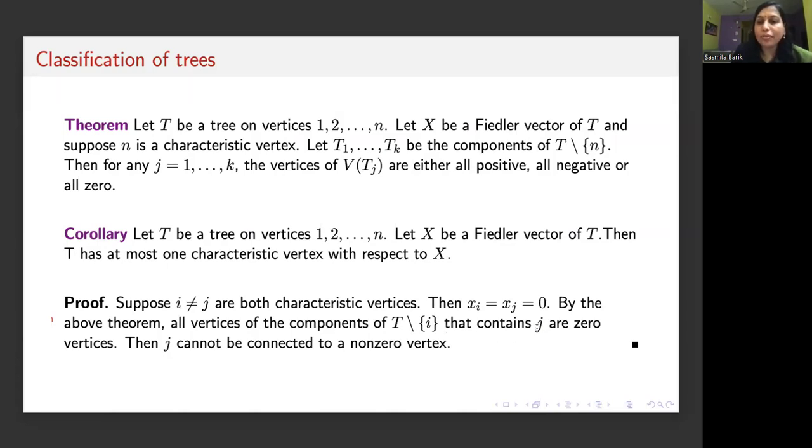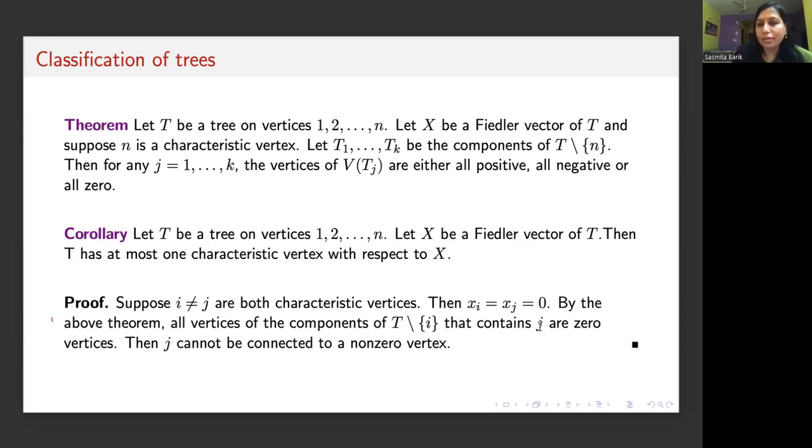So in T minus I, the component which contains j, because xj is 0, so j is a 0 vertex, so all other vertices in that component must be 0. So j is then not adjacent to any positive vertex or negative vertex. So that's a contradiction.